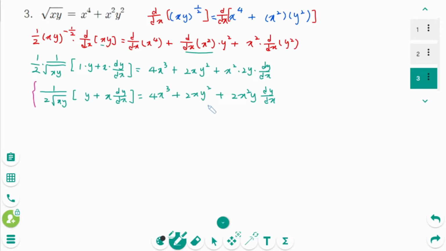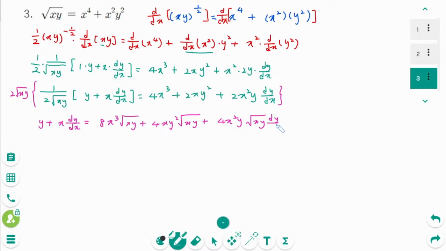Then multiply by 2 square root of xy on each side. The first one is y plus x times dy/dx equals 8x cubed square root of xy plus 4xy squared square root of xy plus 4x squared y square root of xy times dy/dx.